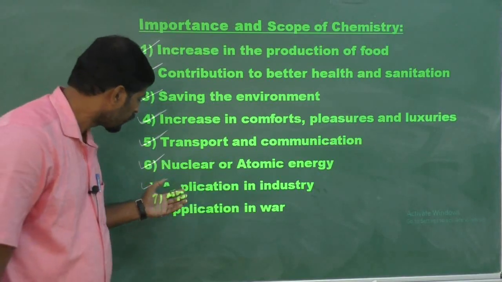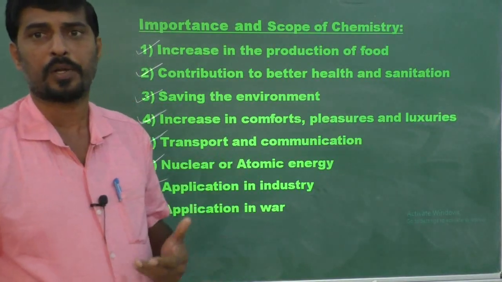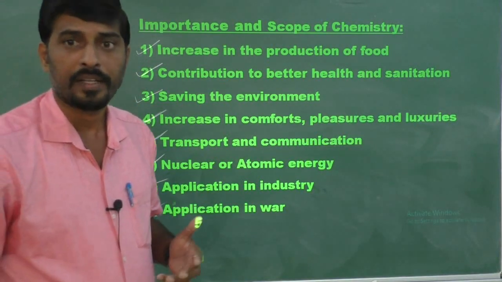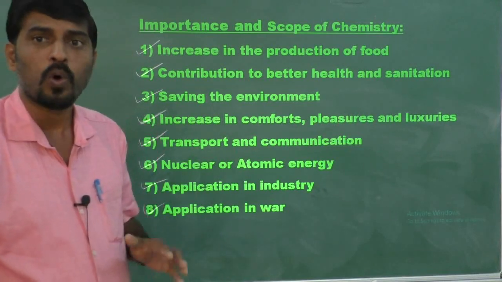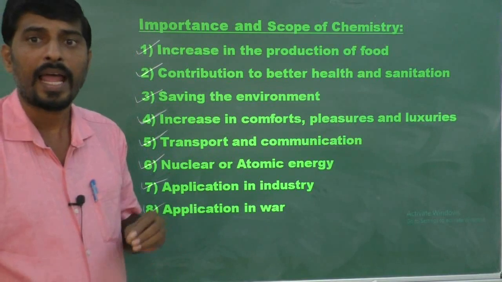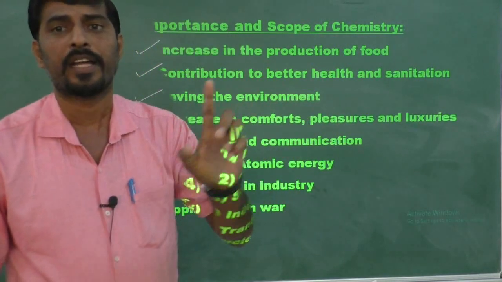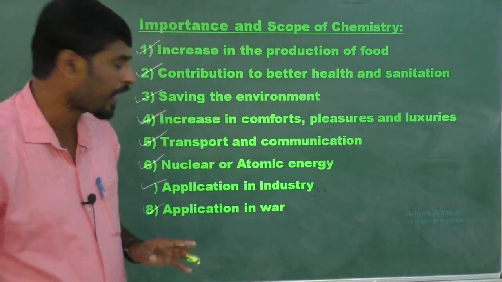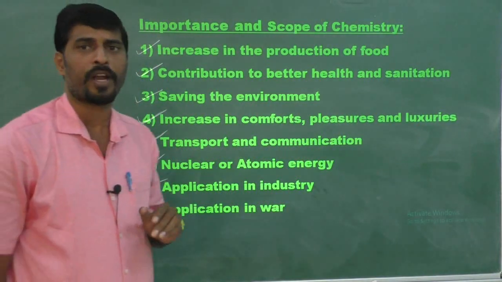Nowadays atom bombs and hydrogen bombs are used, and that is based on chemistry principles. Okay, so chemistry helps us to lead a luxurious life in day-to-day life. In this way chemistry is very, very important.